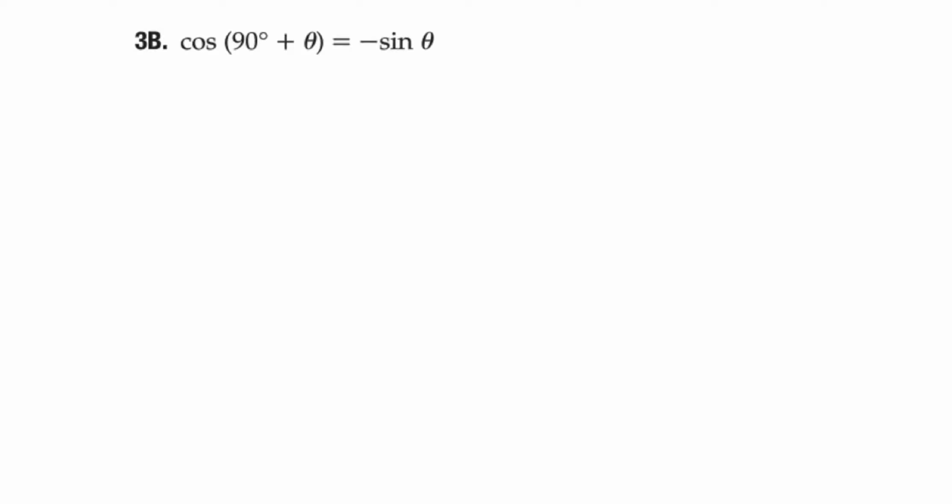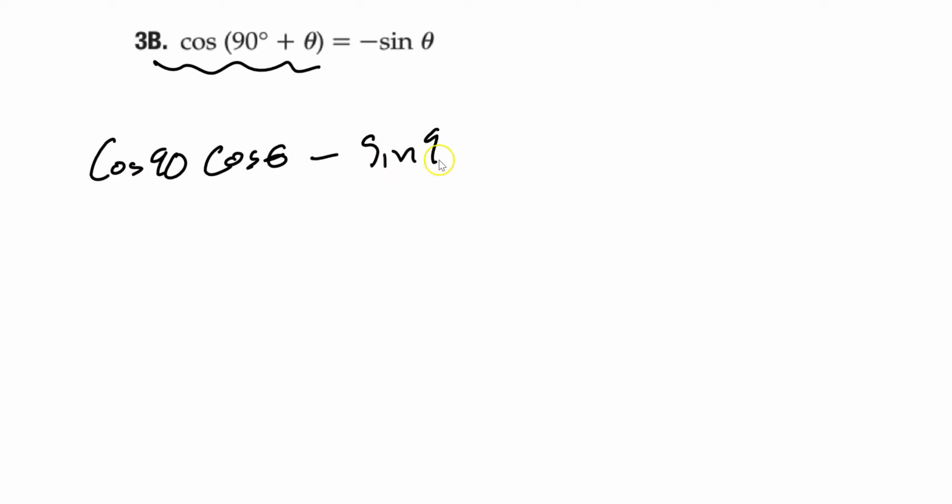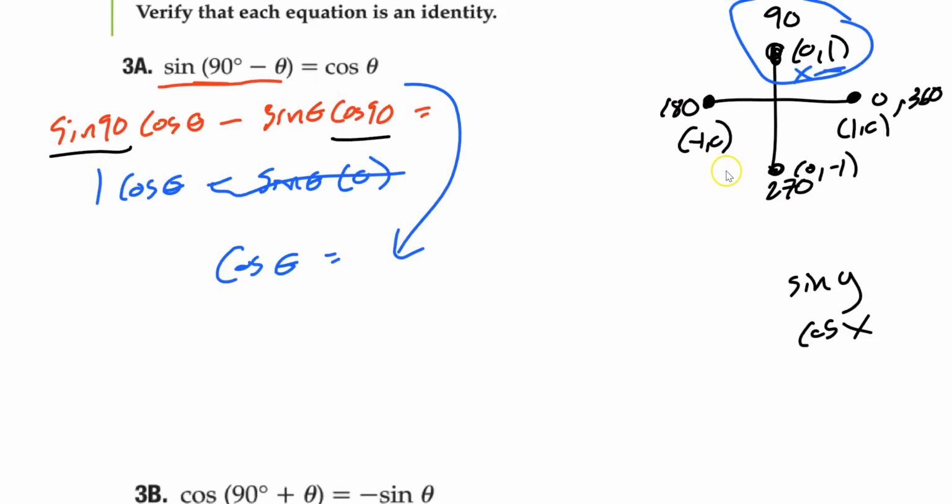Next one. Same idea. Now it's a cosine form we're going to use. So cosine 90, cosine theta, because remember cosine, it uses the opposite operation. And then we're going to do sine. Cosine 90, like we did up there, same value.